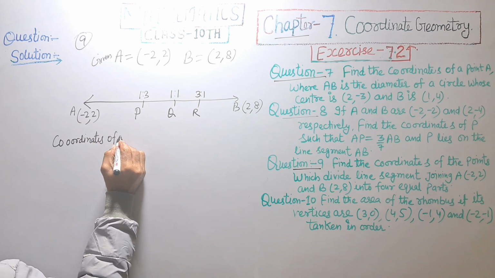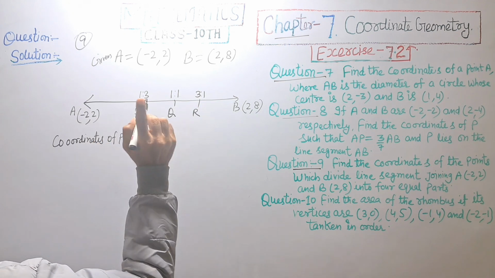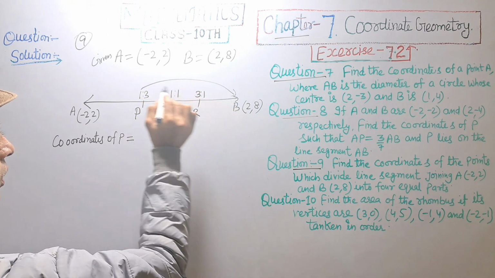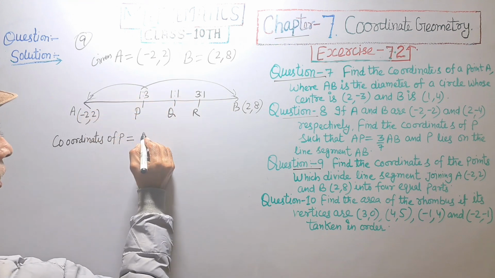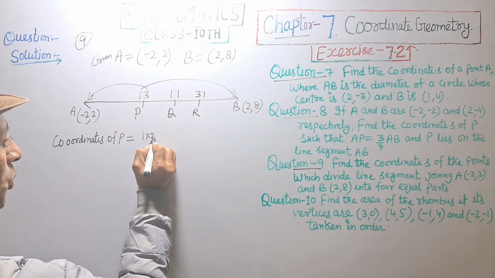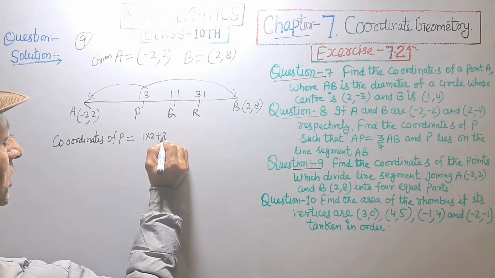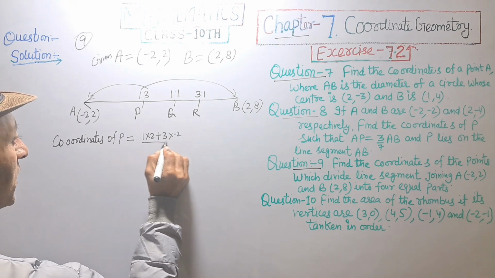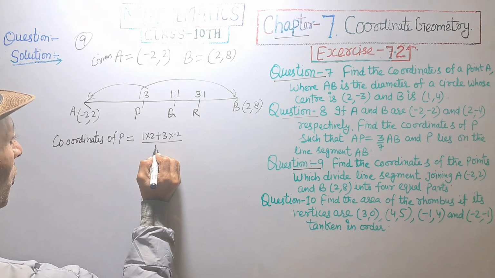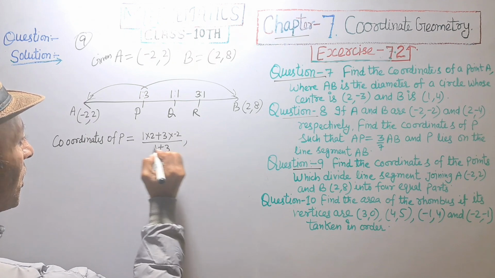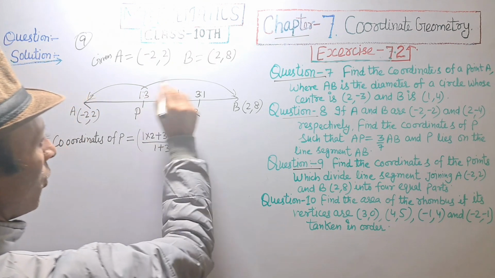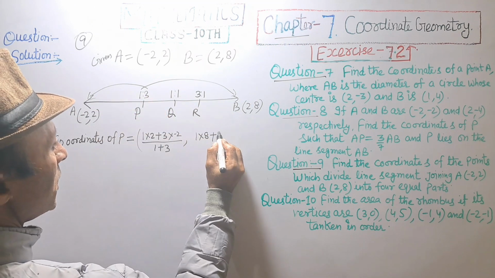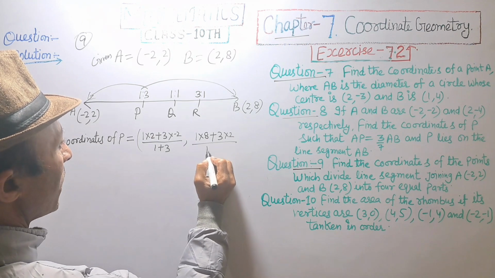Coordinates of P, by the section formula, equal (1 multiplied by 2 plus 3 multiplied by -2) divided by (1 plus 3), and (1 multiplied by 8 plus 3 multiplied by 2) divided by (1 plus 3).